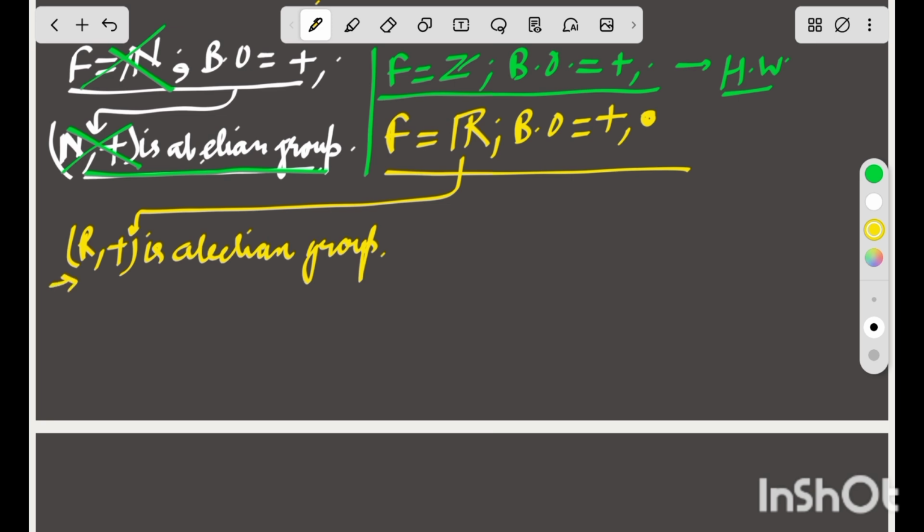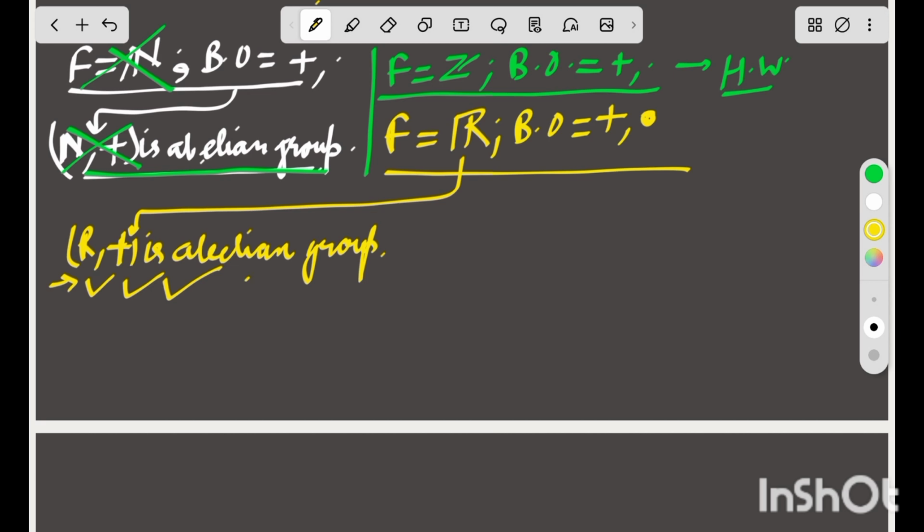First is the closure property. Since the sum of two real numbers is a real number, it satisfies the first property. Second is the associativity. Since addition holds the associativity, it also satisfies the associative property. Third is the identity. 0 here acts as the identity and 0 also belongs to the real numbers. Therefore the third property is also satisfied.